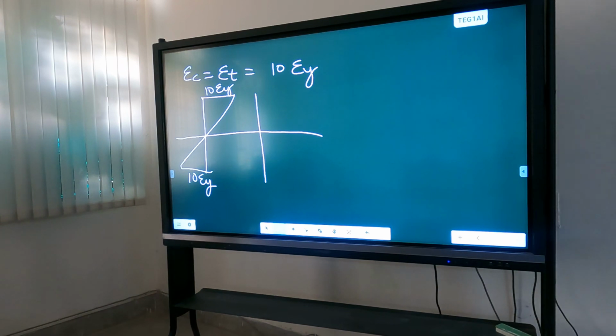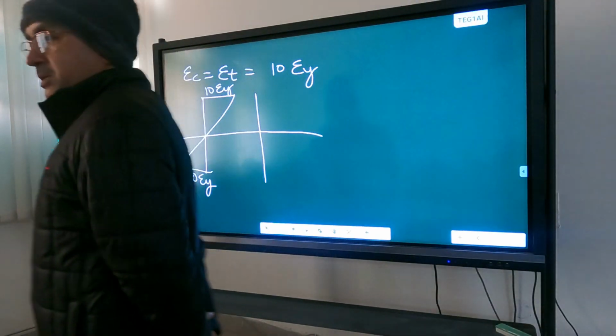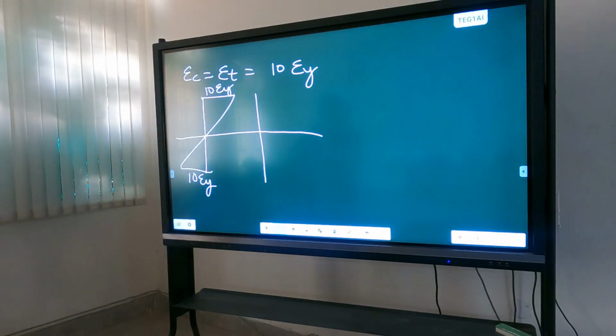Okay, so you have calculated from the similar triangle. This is 2 epsilon y, so 2 epsilon y is happening at d by 2, so epsilon y will be at d by 4. Same thing you use here, and using the same method you can now plot the stress diagram in this case.